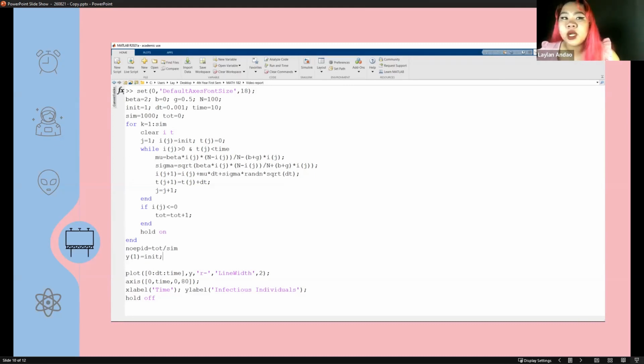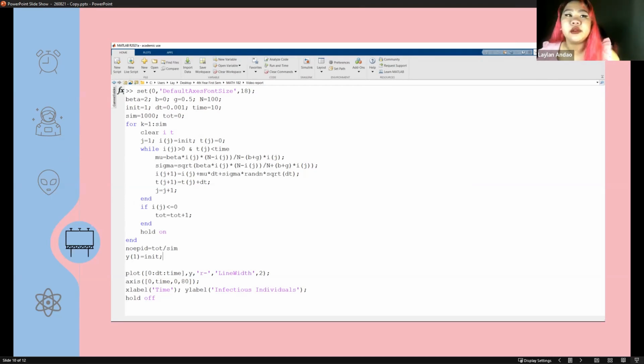Dito naman sa mu, makikita nyo na equal to beta, the contact rate times infected individual Ij times the population N minus the infected individuals Ij all over the population N plus the sum of infection and recovery rate multiplied by the infected individuals.